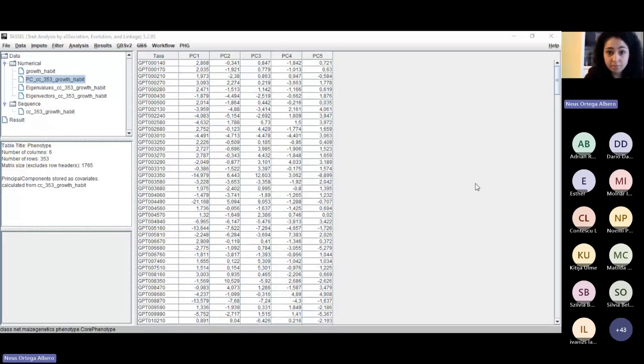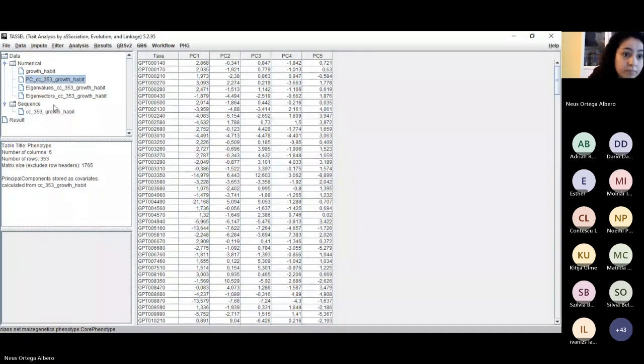The program now needs to have in mind this type of relationships between the individuals to do a proper GWAS analysis later.